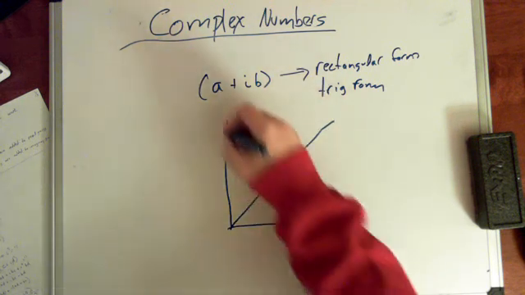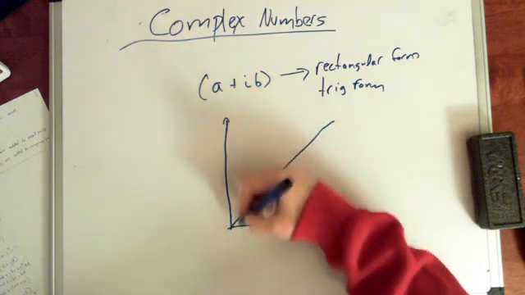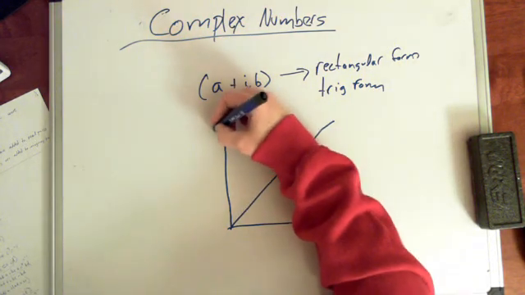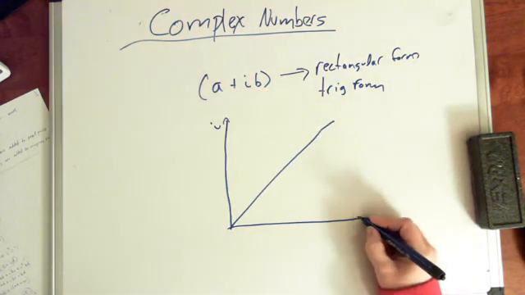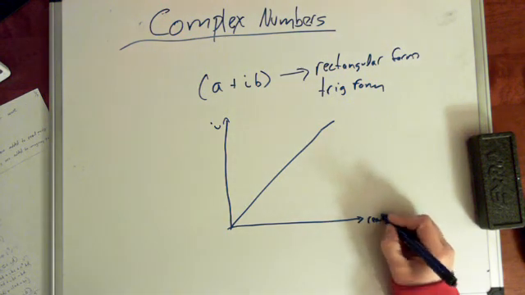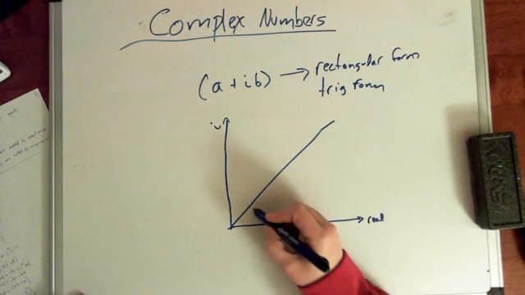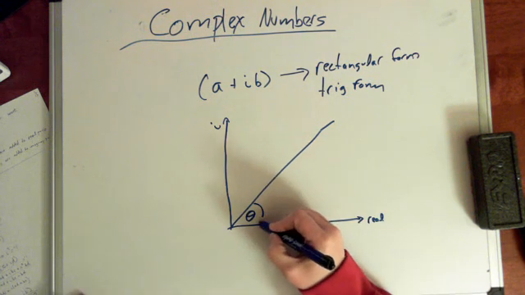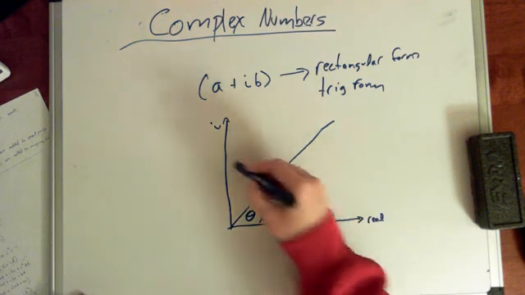We've got this axis: the vertical axis is the imaginary axis, and the horizontal axis is the real axis. We've got some angle theta.